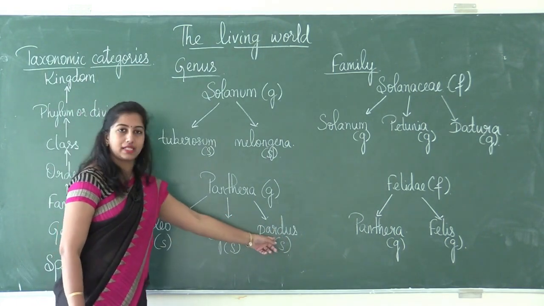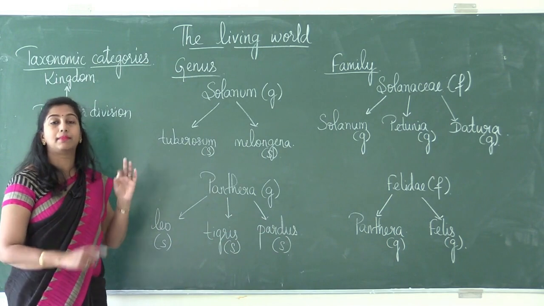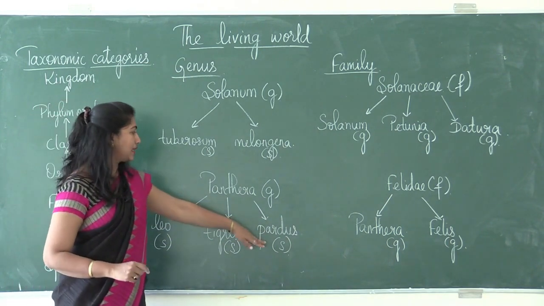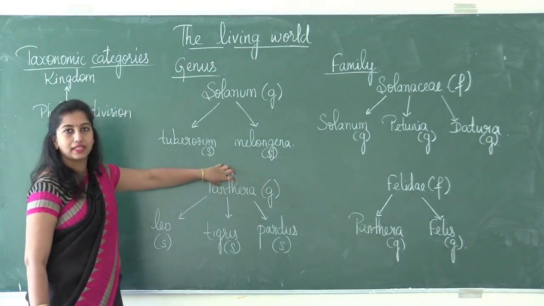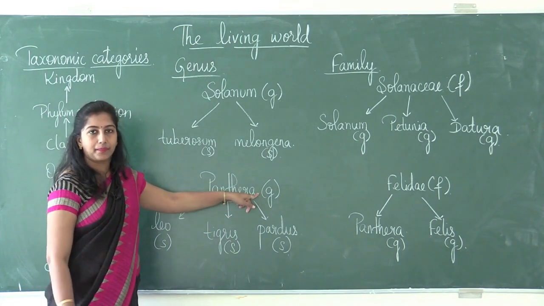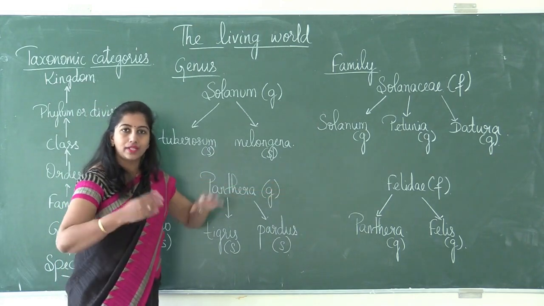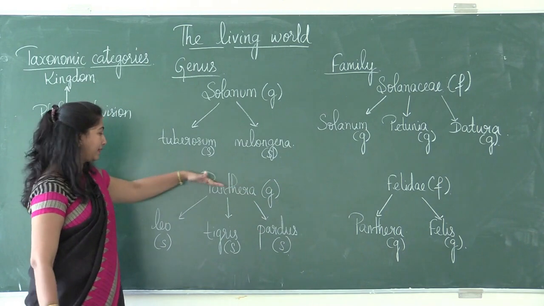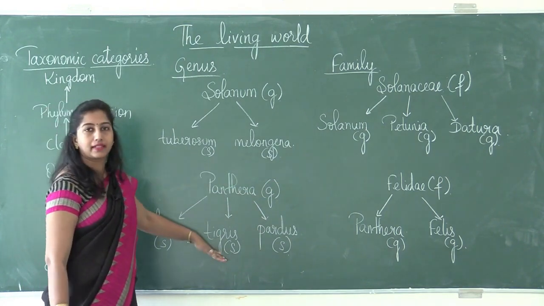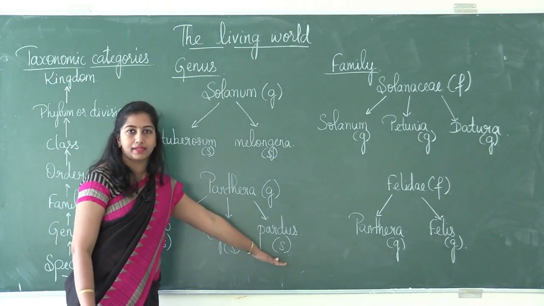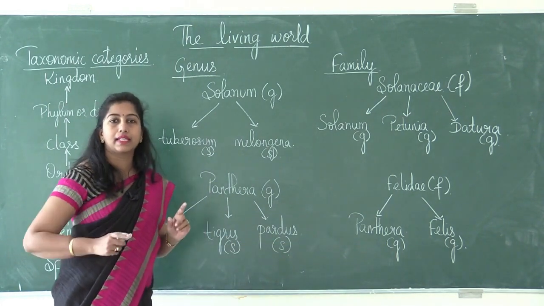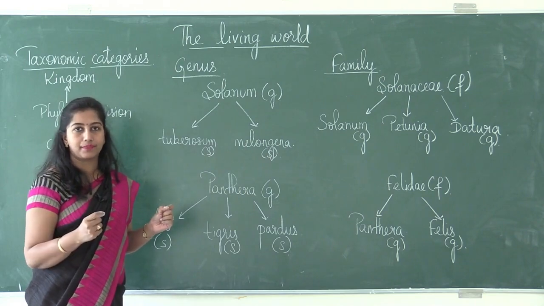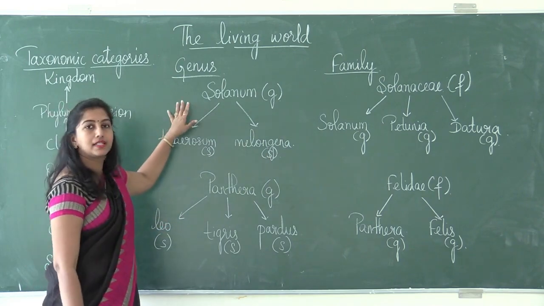These 3 species have a lot of similarities, so they are put under one genus which we call Panthera. So Panthera is a genus which consists of many species. I have taken an example of 3 species here. So genus consists of a group of related species. Okay, that is about genus.